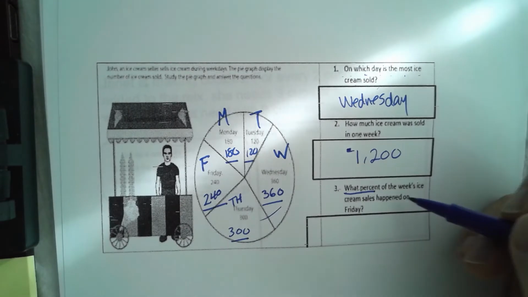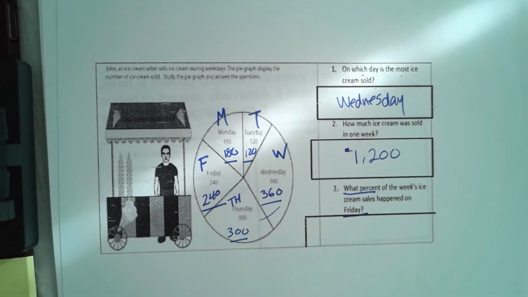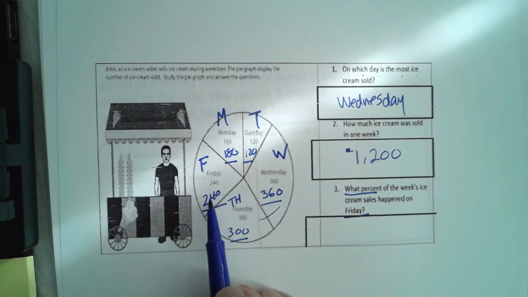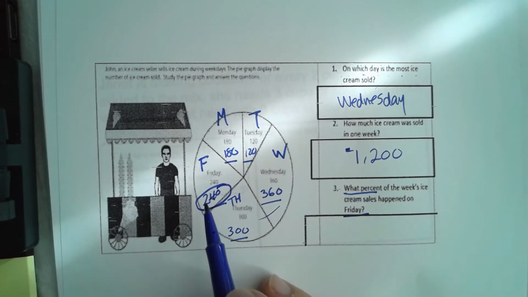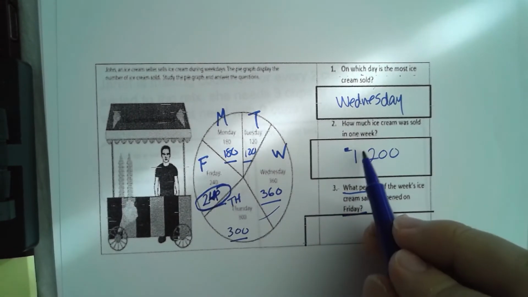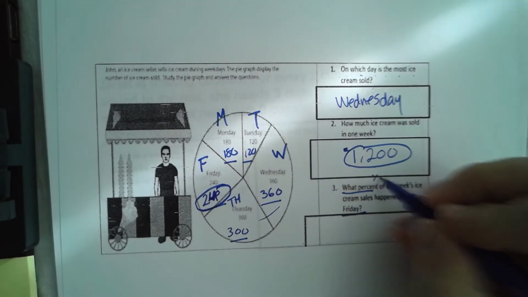What percent of the week's ice cream sales happened on Friday? On Friday, he sold 240 ice creams, right? If he sold 1,200 ice creams total, what percent is that? What percent was sold on Friday?